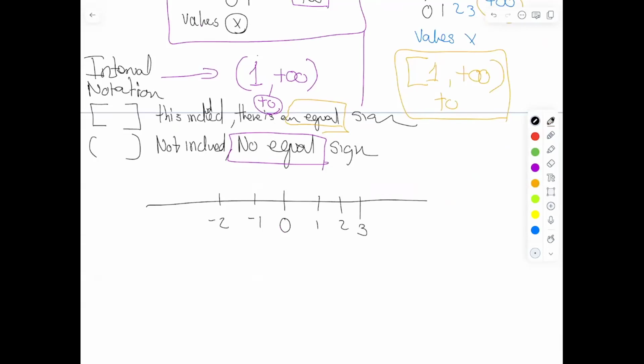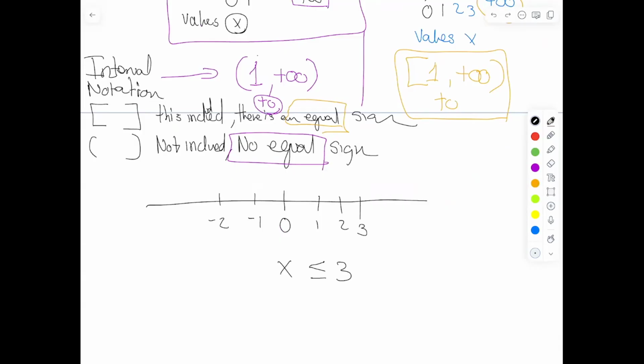Now, what happens if you have a line that says something like this: the X value is less than or equal to 3.